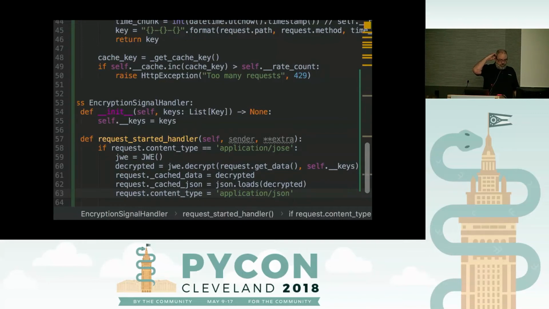The other thing that you can do that we're not doing with this is that the type can be set in the packet. When you have the encrypted packet, it has a CTY header, which is the content type header. So if your application accepted multiple content types, it could take XML, JSON, or YAML.